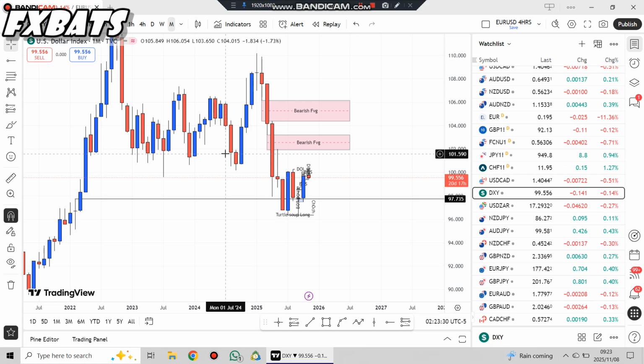Why do I have to go to monthly? Monthly, basically, I go there to see the bias. I relate the bias using the candlestick science. So that's the candlestick logic.